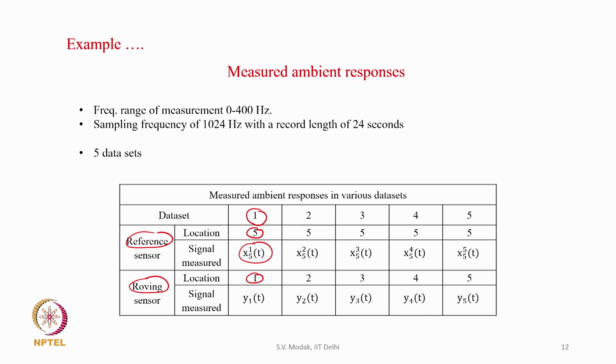So X5^1 indicates a reference measurement at location 5 in data set 1. Y1(t) indicates the roving sensor signal, and the subscript shows the location where the roving sensor measurement has been taken, so Y1 is the roving sensor measurement at test point 1. In this way we have 5 data sets, each containing one reference measurement at location 5 and a roving sensor measurement at the corresponding test point.